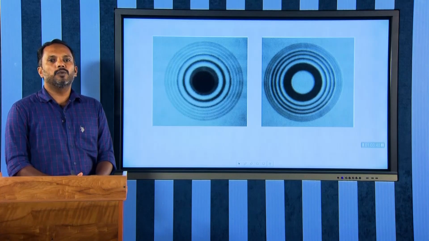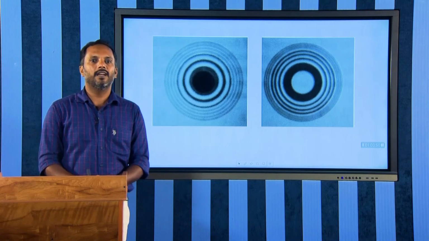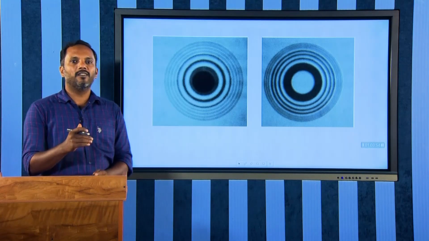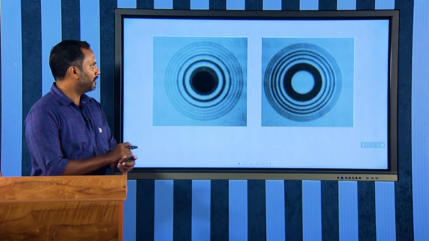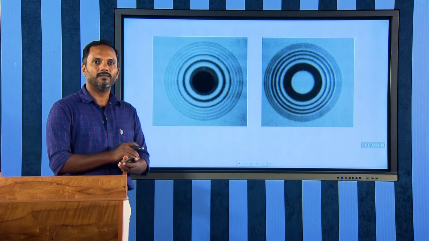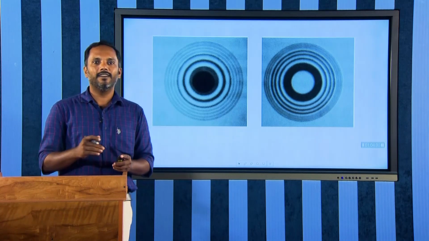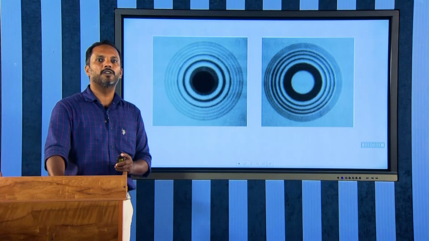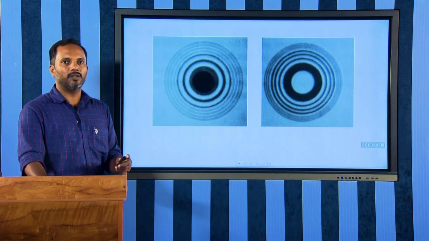Now, what is a simple way to construct a zone plate? For this, let us draw concentric circles on a white paper. Remember that the radius of each circle should be proportional to the square root of the natural numbers.